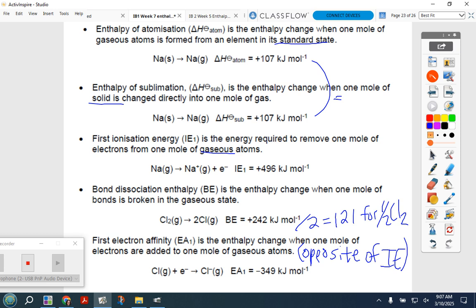So this electron affinity is going to be negative 349. Okay, so we're going to add that.